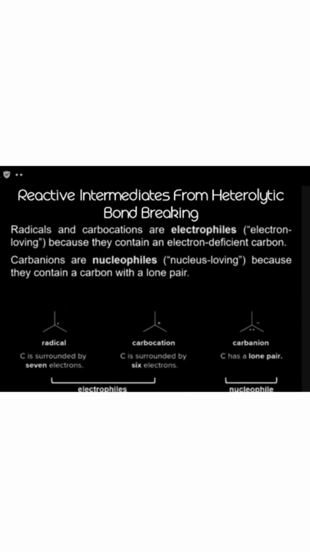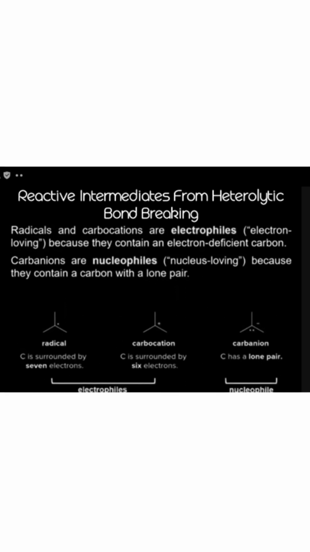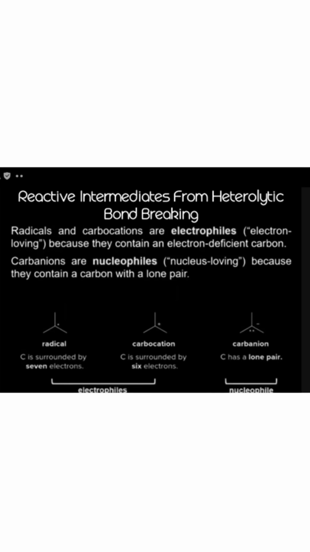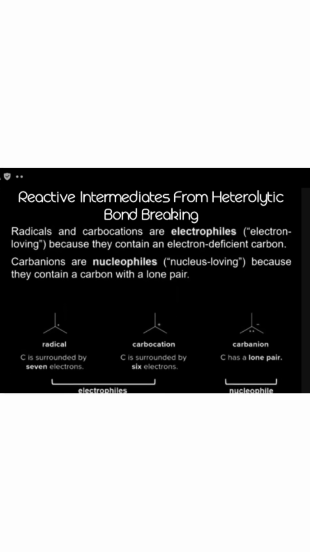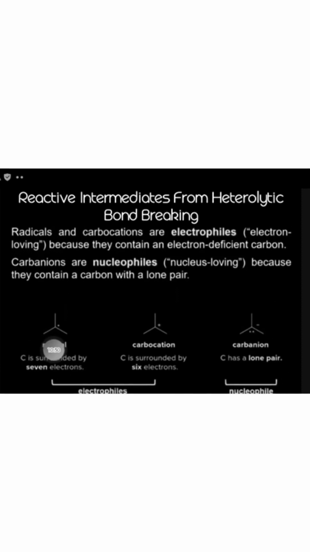And this is another most important concept of the reactive intermediates, that radicals and carbocations are electrophiles. This is the most important point. You know that electrophiles are electron-loving species because they have an electron-deficient carbon and they love to carry electrons. And the last one is the carbanion, which is a nucleus lover, and this has electrons, and this is an electron-rich species.